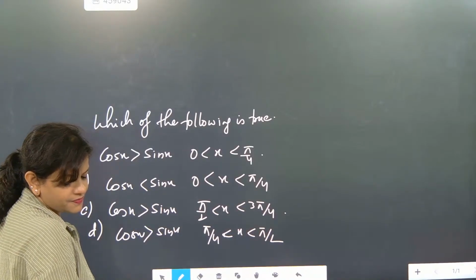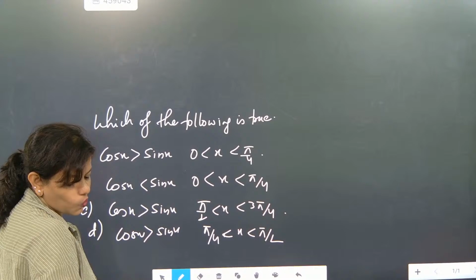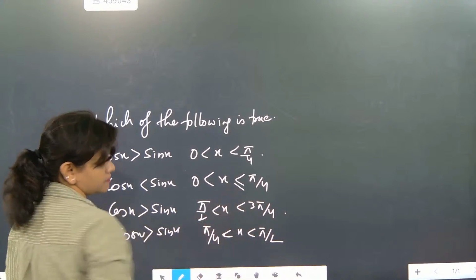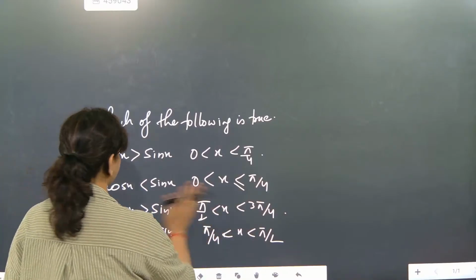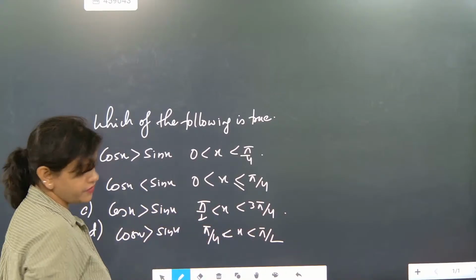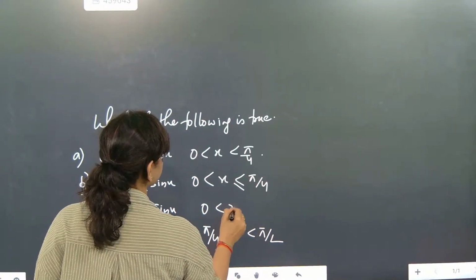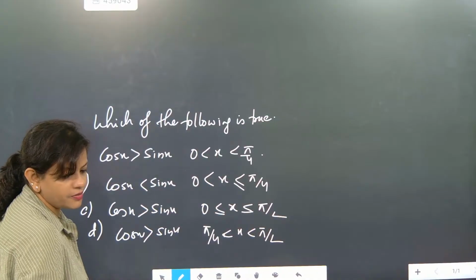Go for it, please. Come on, come on, come on, try this question. Third one, I think I have given the reason wrong. 0 to pi by 2. Now I have changed. Come on, go for it, please.